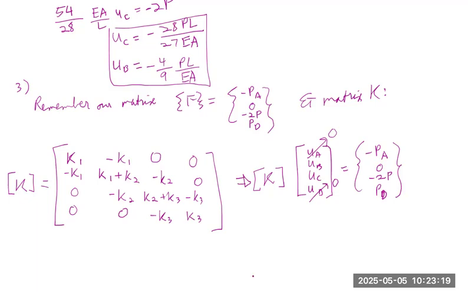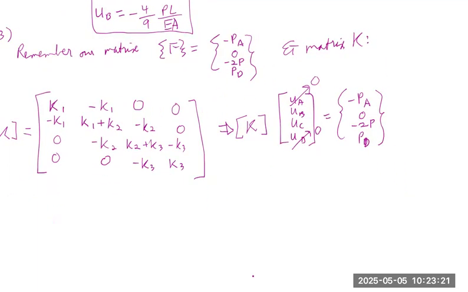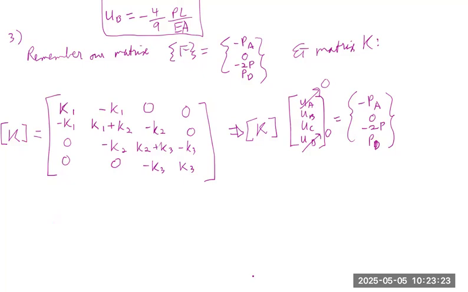And as mentioned previously, all the first row entries are going to be 0. Wait, actually, I made a mistake there.